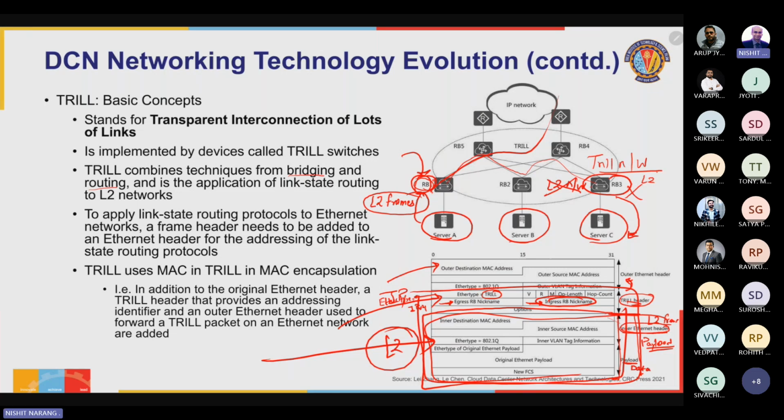The two servers still get to see the same L2 frames that they earlier saw. But a virtual network has been created between server A, server B, server C. A virtual layer 2 network has been created between them by using tunneling of traffic through the Trill network. And tunneling is typically characterized by encapsulation. New headers are being put in. So this is what Trill does in an access, aggregation, core network topology.